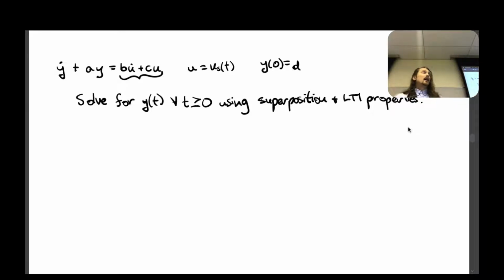There's also the LTI system properties, the derivative and the integral properties that we discussed. And that idea is essentially if you have a linear time invariant system, if you have an input U1 and an output of that input Y1, then if you put in the time derivative of U1, you would get the time derivative of Y1 out.